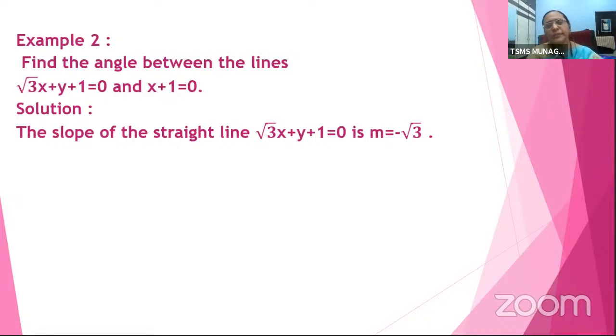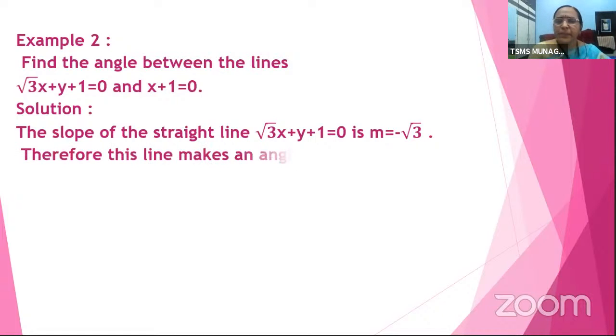Or you can also change this to slope intercept form, that is y equal to mx plus c. There also you can see that m is minus root 3. Now, if m is minus root 3, what is the angle that it is making with the x-axis?